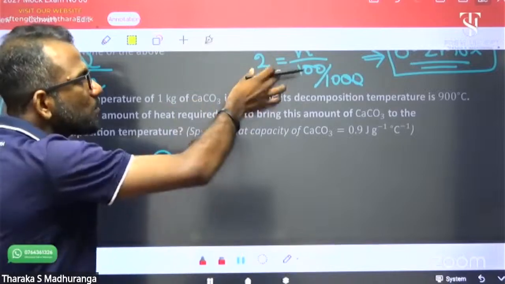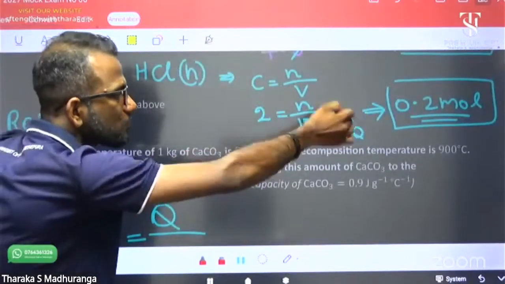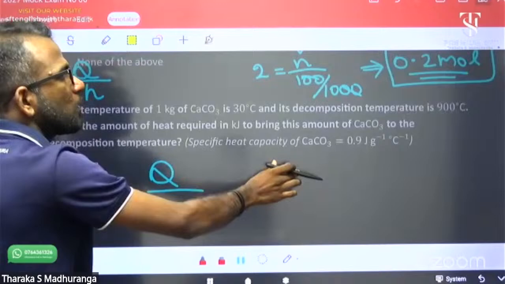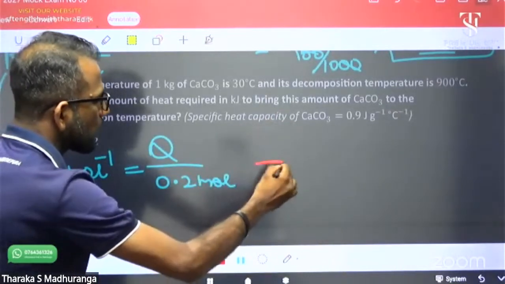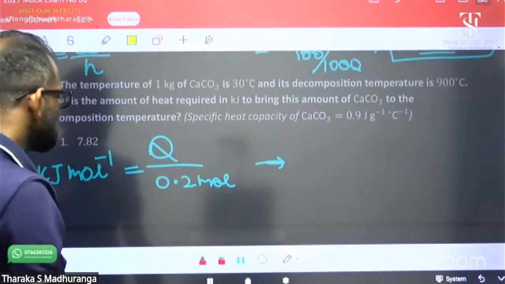The reacted number of moles, all reactants will be reacted, is 0.2 mole, right?